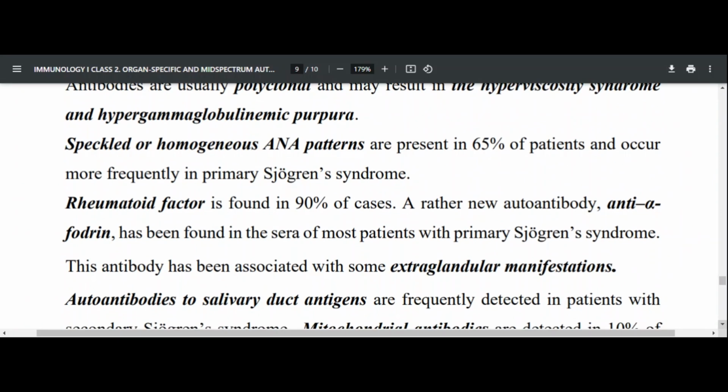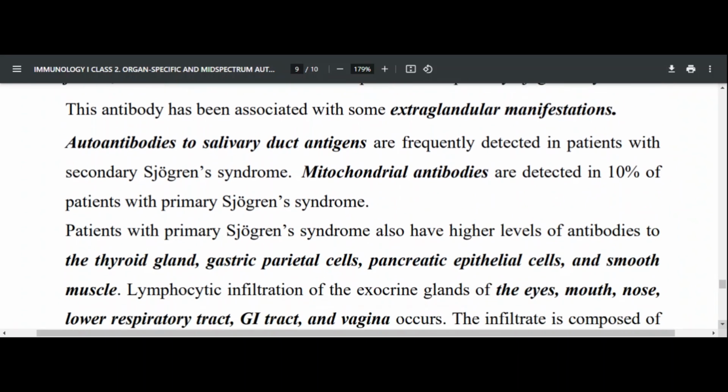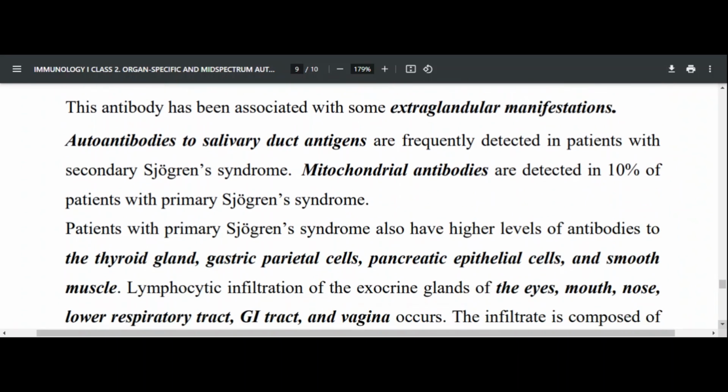You find a speckled, or even homogeneous, antinuclear antibody pattern in at least 60% of patients. Rheumatoid factor is also very common in Sjogren syndrome; in 90% of cases you find it. A rather new autoantibody, anti-alpha-fodrin, has also been seen in Sjogren syndrome, and autoantibody to salivary duct antigen is detected in patients with secondary Sjogren syndrome.